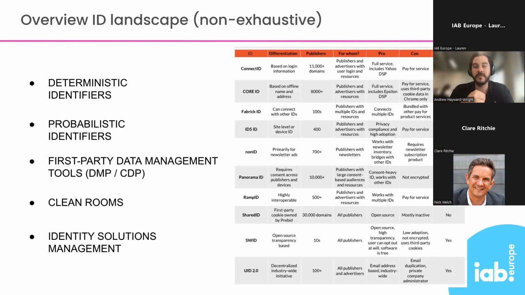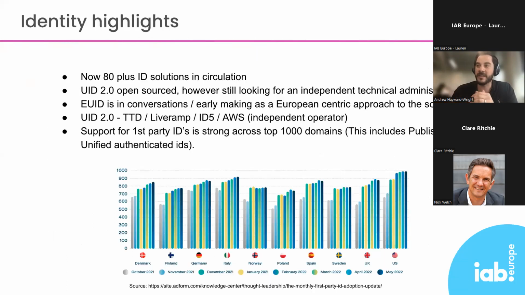And then a rise of several new technologies like identity management solutions, which are helping publishers and advertisers manage the ever-growing number of IDs coming to market. We've got a snapshot of some of the more widely known identities, but there are now over 80 ID solutions in circulation in the market.